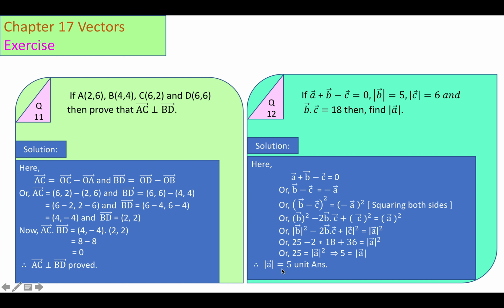Therefore, magnitude of vector A is 5 units, and this is our answer.